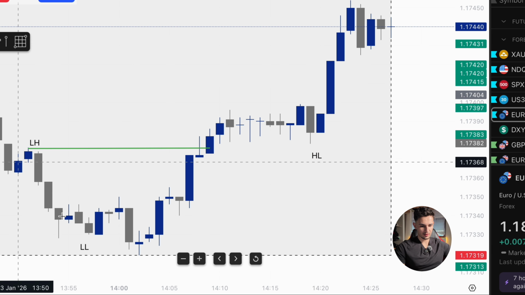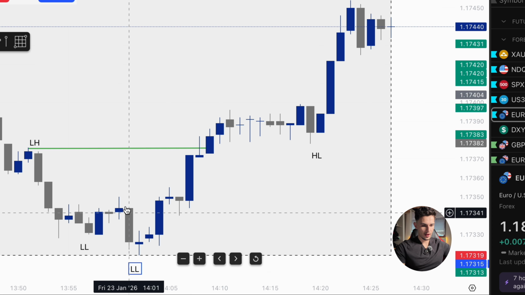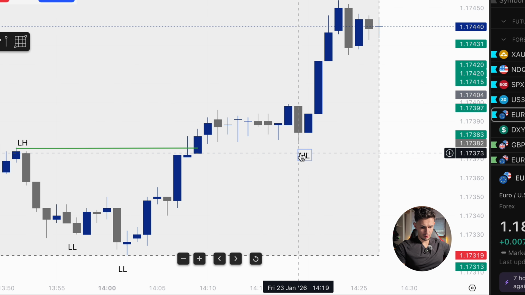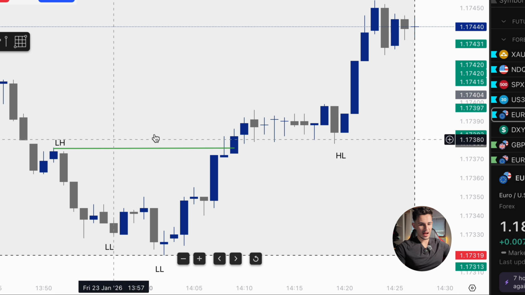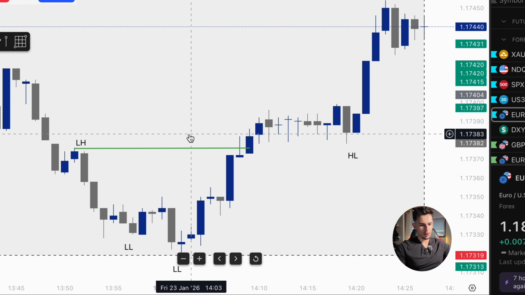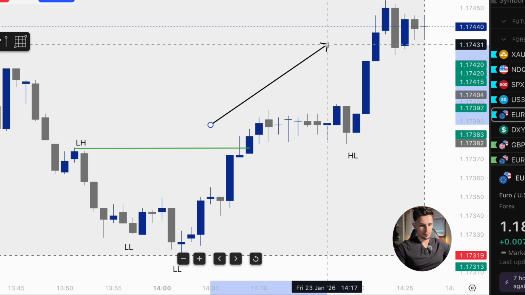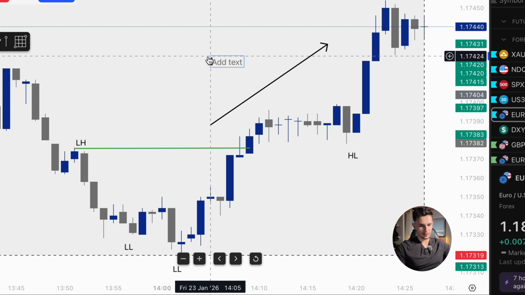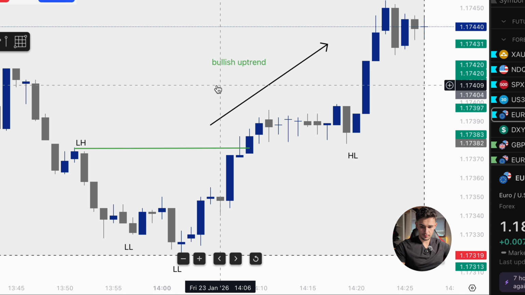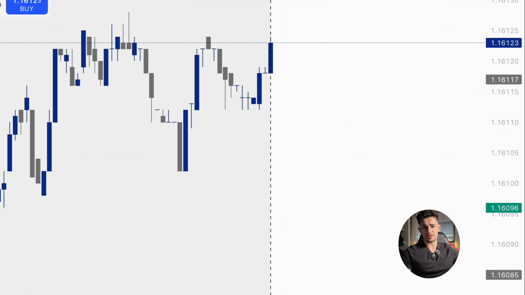Actually, let me correct this. This one was the last lower low, and this newly created higher low is obviously higher. Also, we disrespected the last lower high, meaning that now we have switched from a bearish downtrend into a bullish uptrend. Great.